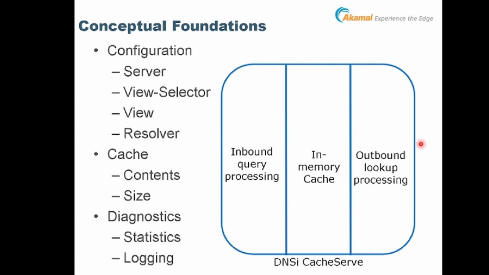Now, here we finally get to an important diagram, which I think is a useful summary of what every caching server has to do. It is a kind of schematic diagram, a cartoon.